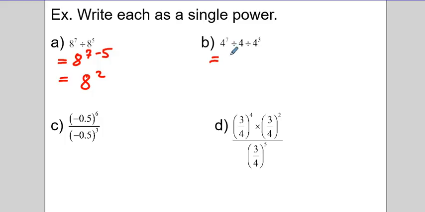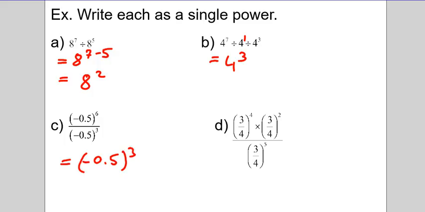Yeah, that's right. That's a 1. 7 minus 1 minus 3 is? Yeah, 4 to the power of 3. Perfect. Next one. Come on, someone else. Negative 0.5 to the power of 3, yeah, because 6 minus 3. Perfect.